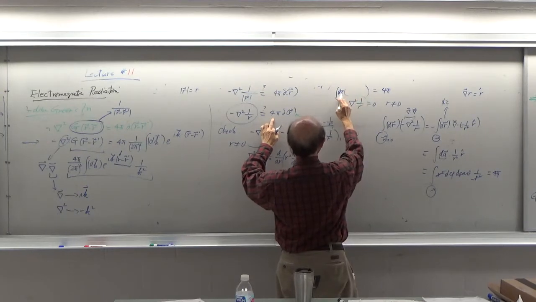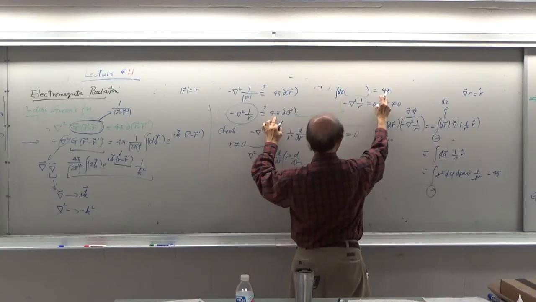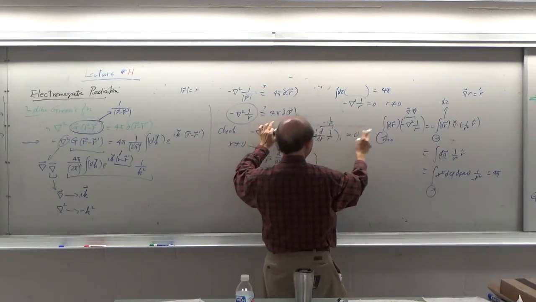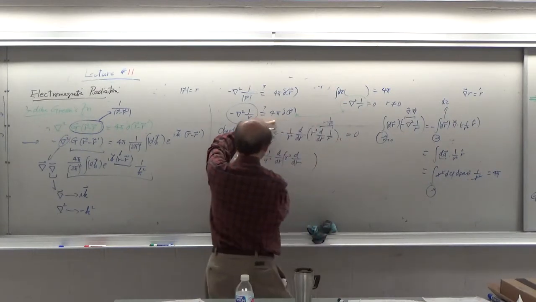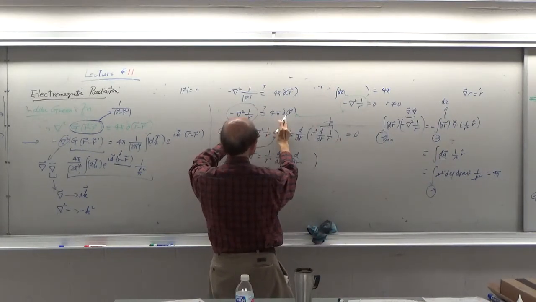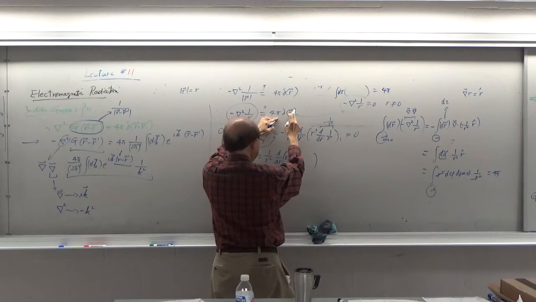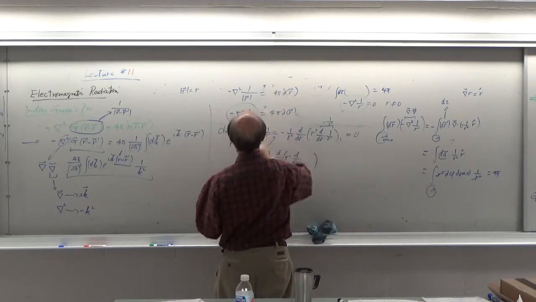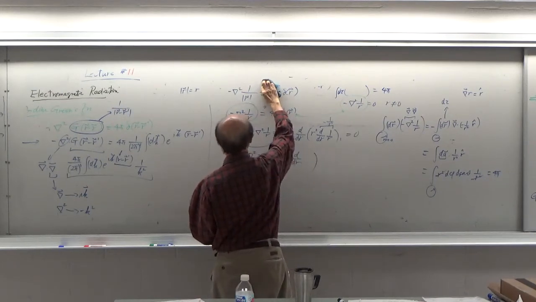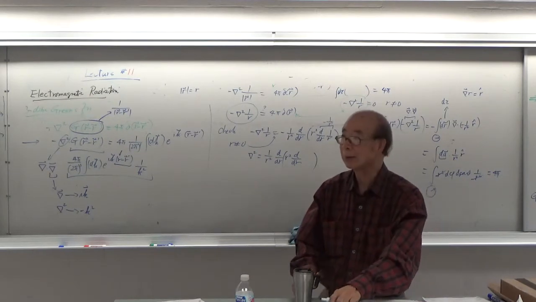When you integrate over the volume, the delta function gives you 1, so it leaves you with 4 pi. Whereas when r is not 0, this is 0, as said, consistent with the fact that the delta function is 0 when its argument is non-zero. So indeed this is correct. So that's the three-dimensional case.